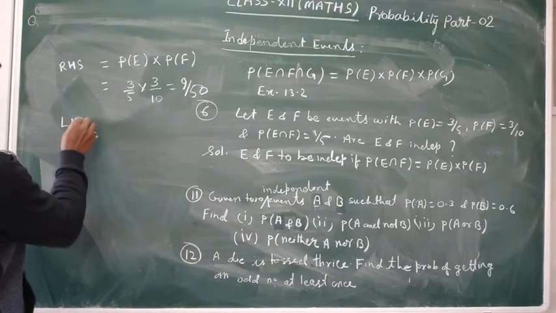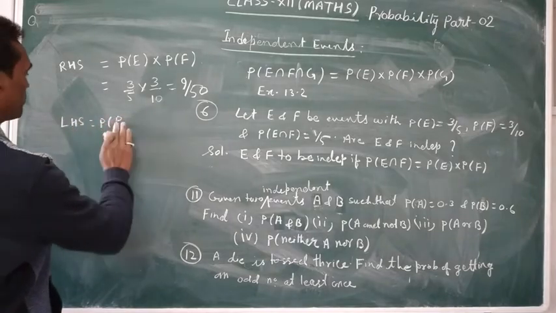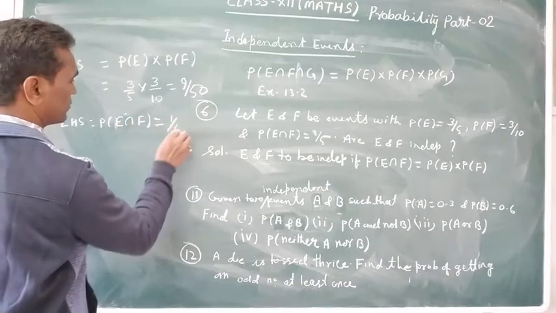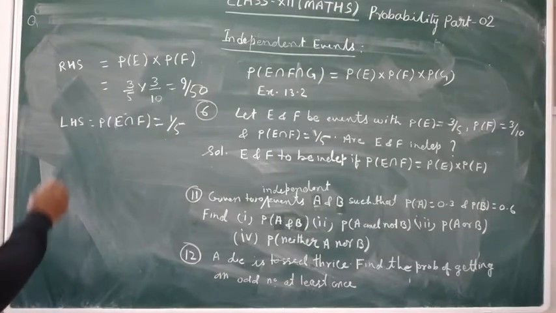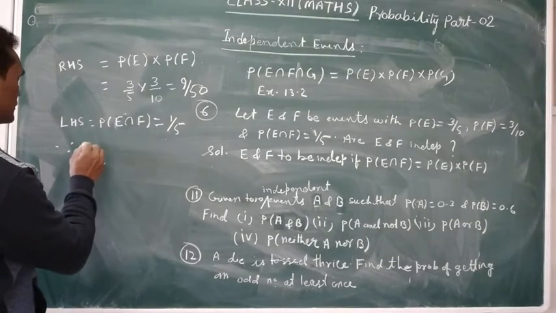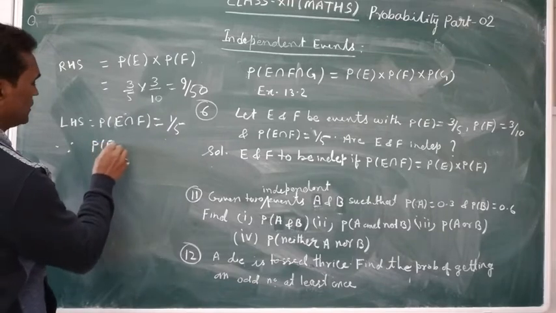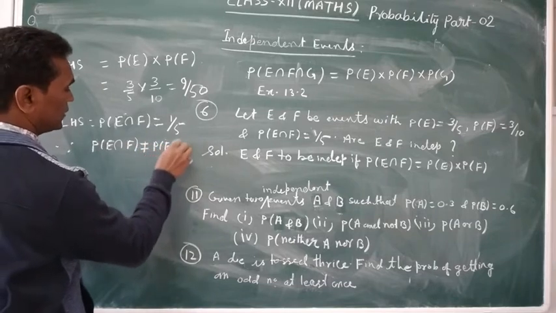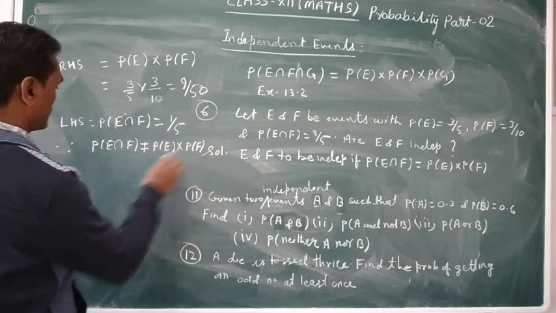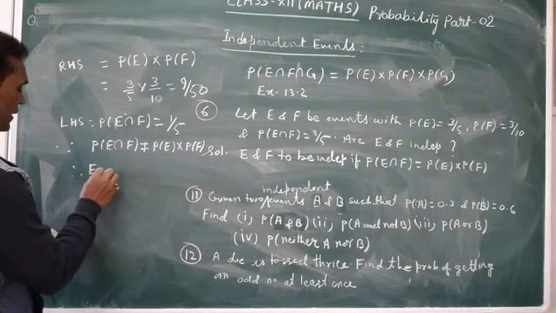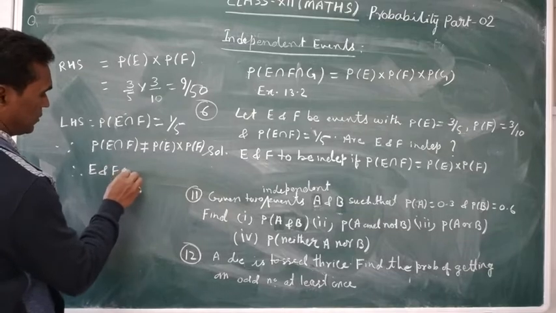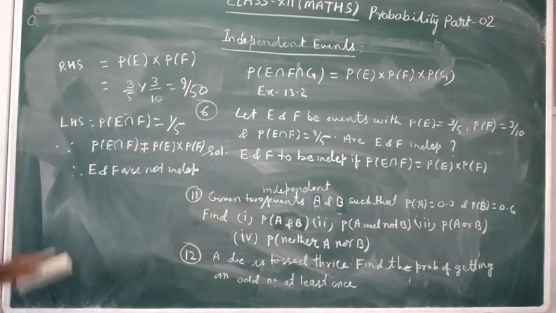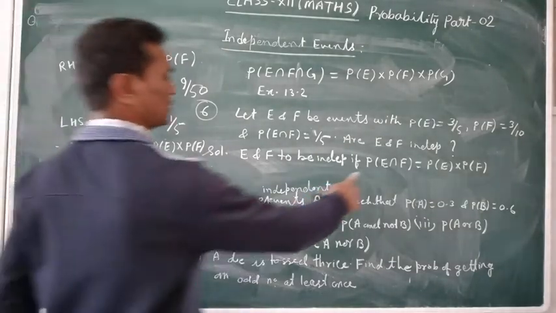And left hand side, that is probability of E intersection F, is 1 by 5. So this is not equal. You can write here that probability of E intersection F is not equal to probability of E into probability of F. Therefore, E and F are not independent. For independence, simply we find this result.